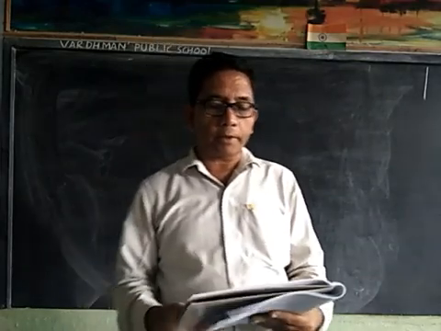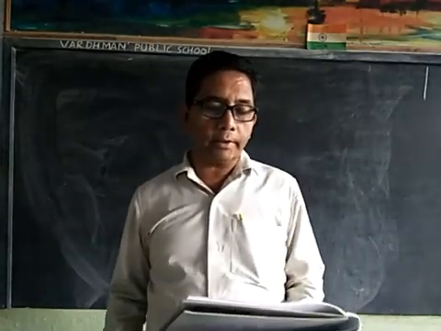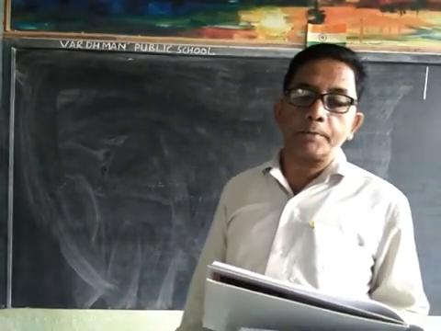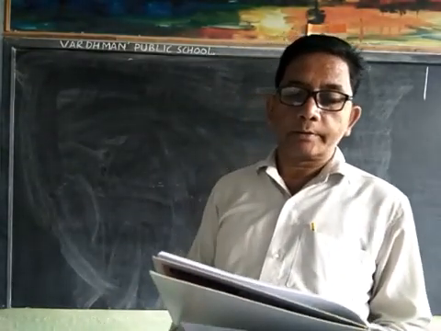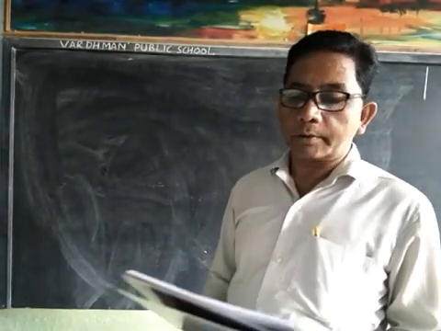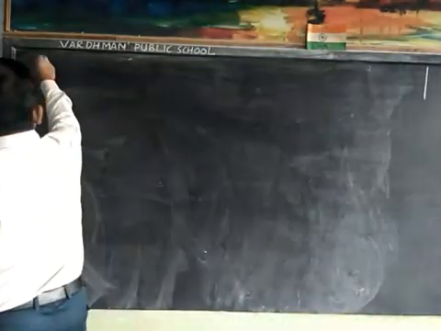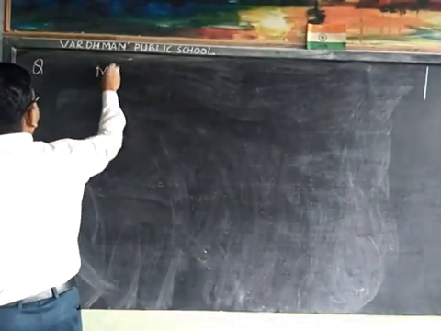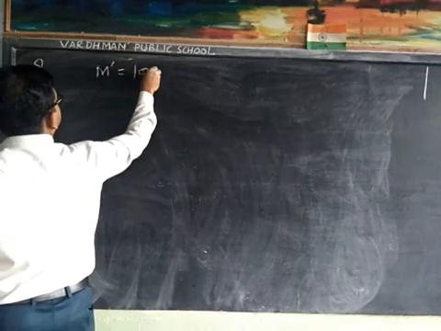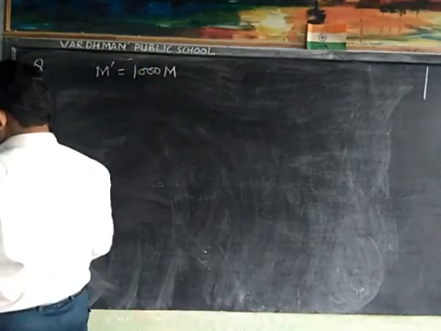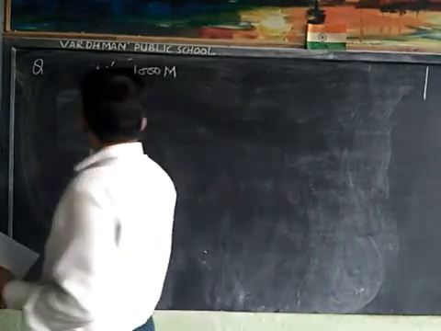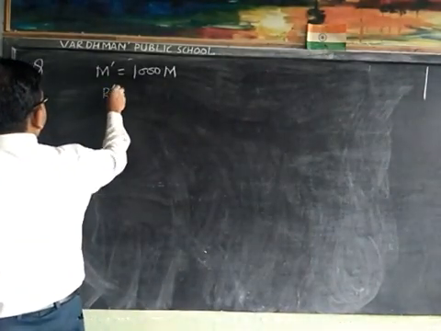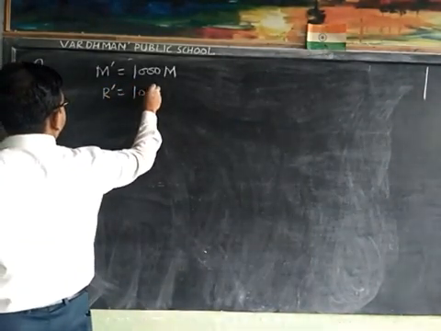Find the escape speed of another planet having mass 1000 times and radius 10 times that of the Earth, R dash equal to 10 R.